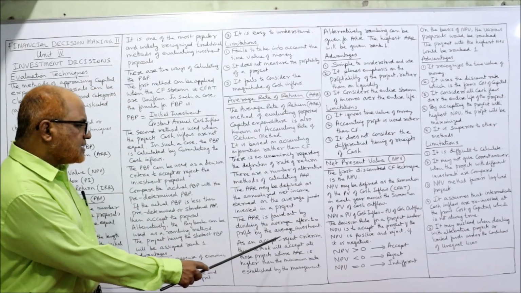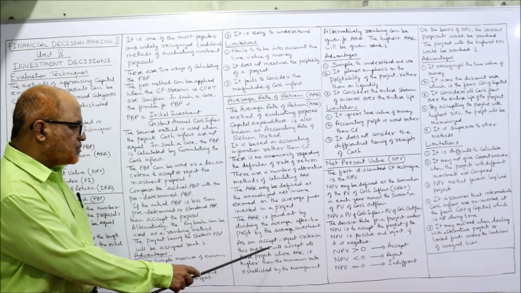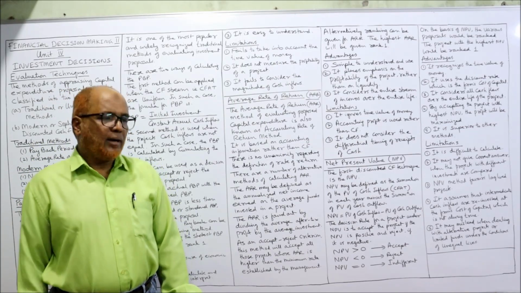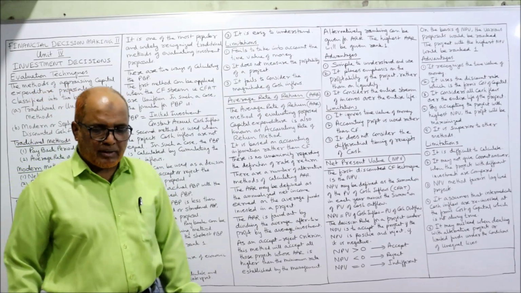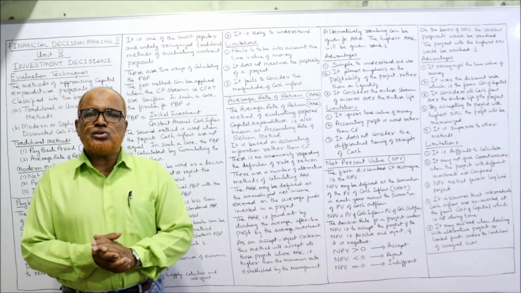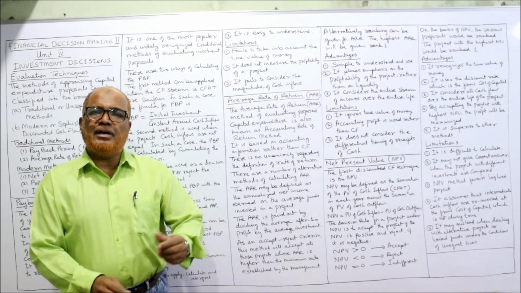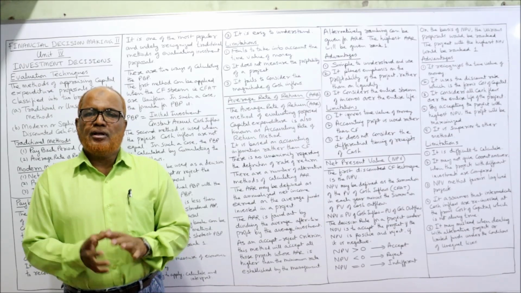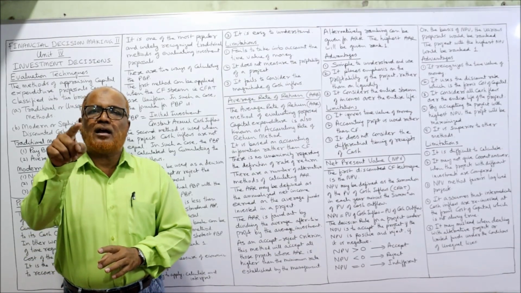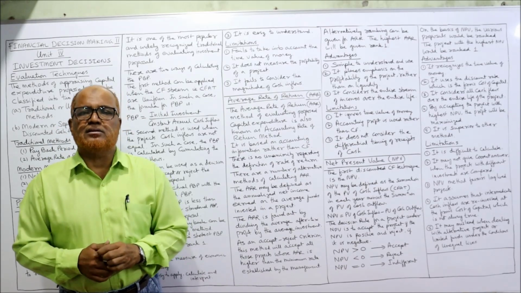Now, as an accept or reject criterion, this method will accept all those projects whose ARR is higher than the minimum rate established by the management. Just like the PBP, here also a standard ARR is given by the management. The management says don't accept any project whose ARR is less than 20%.